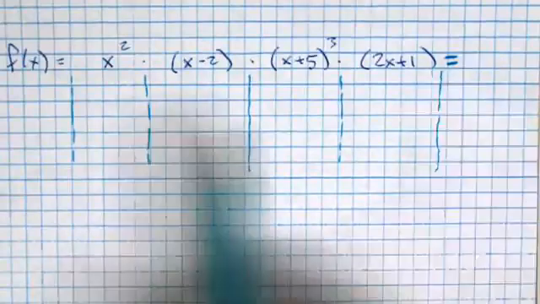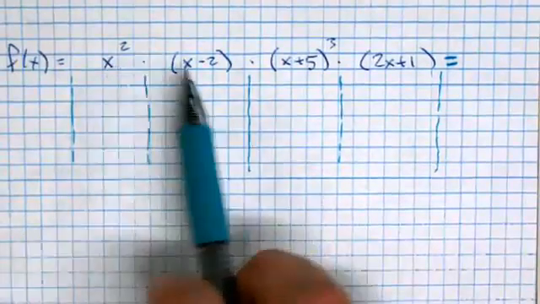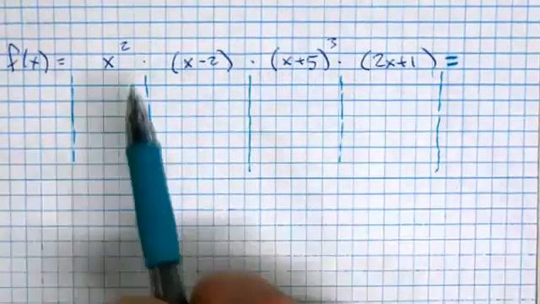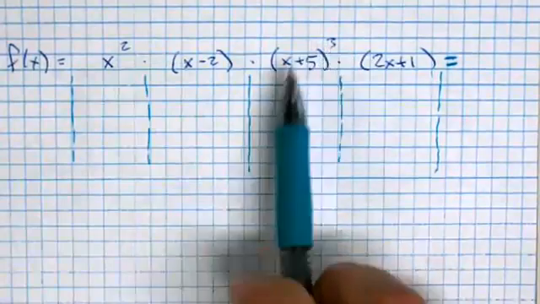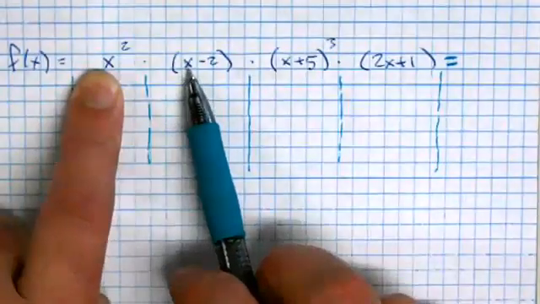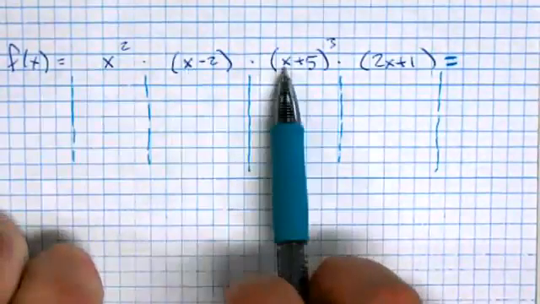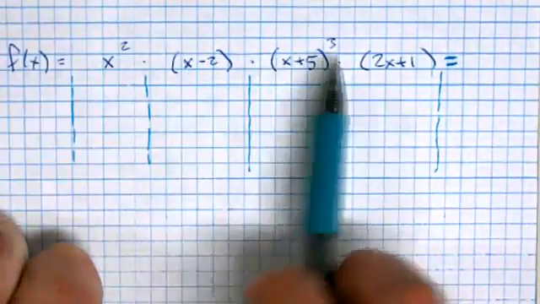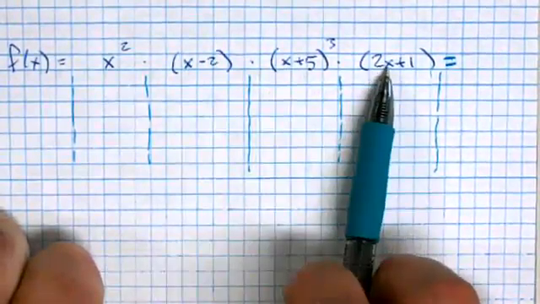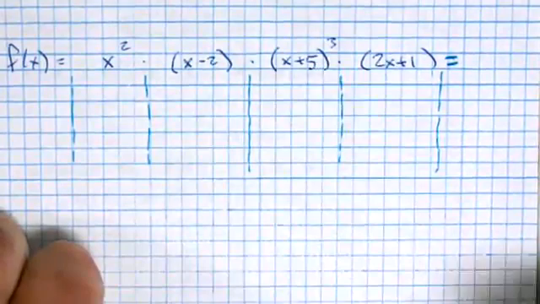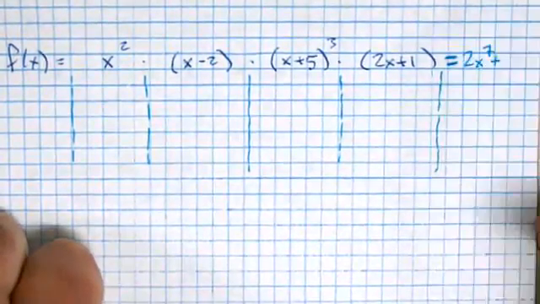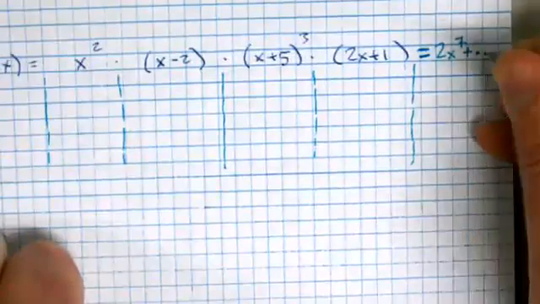So basically, I would end up multiplying the first term of each of these factors together. And if it's to the third power, like this one, this is going to get multiplied 3 times. So I've got x squared times another x. Now I'm up to x to the third. Times x, again, 3 more times. Now we're at x to the 6th. And then times 2x would be 2x to the 7th. 2x to the 7th plus... We're not going to go through and find the rest of it.